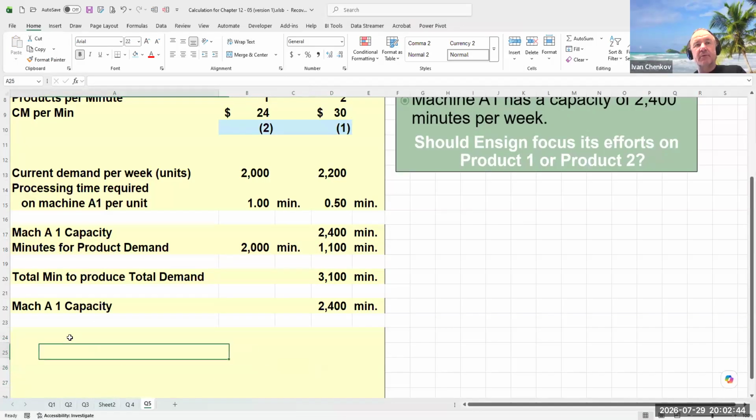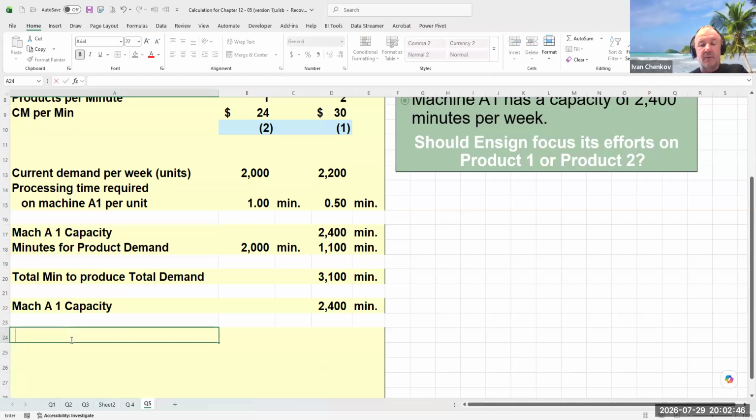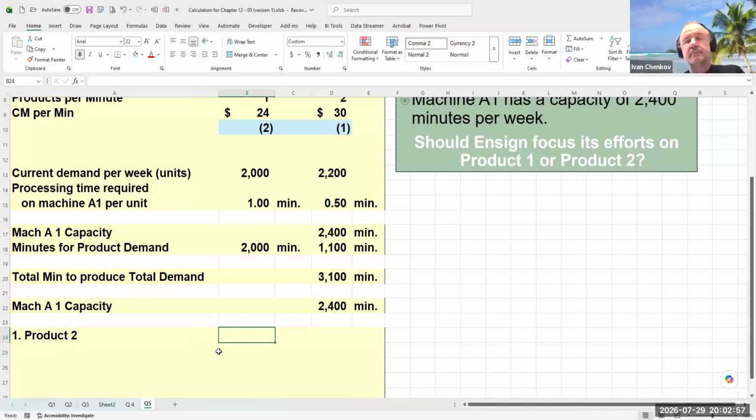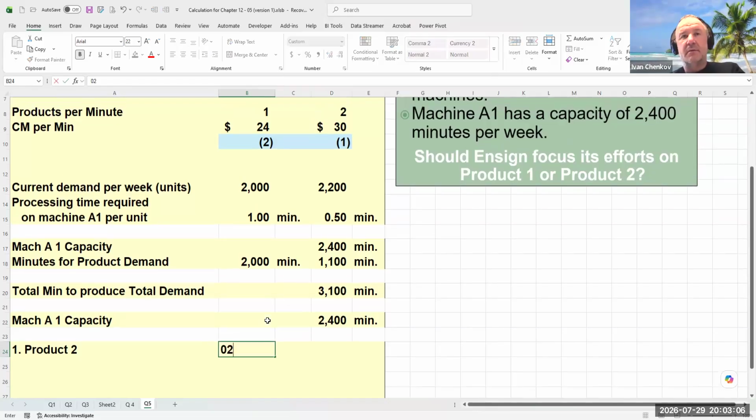Now the question is, if I focus on product two first, how many products should I produce from product two? Entire demand. So if I produce 2,200 products of product two, that's going to take me 1,100 minutes.